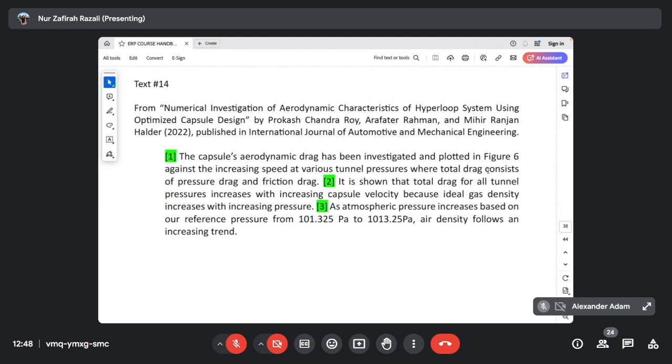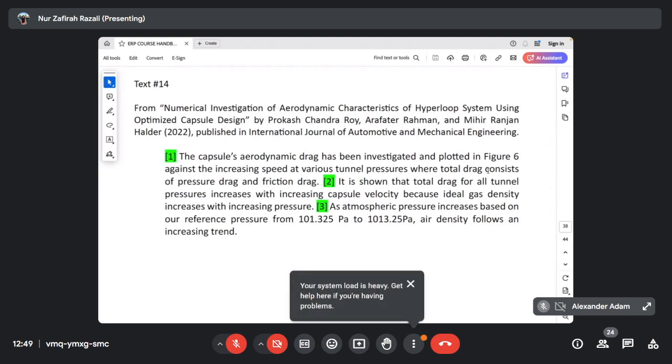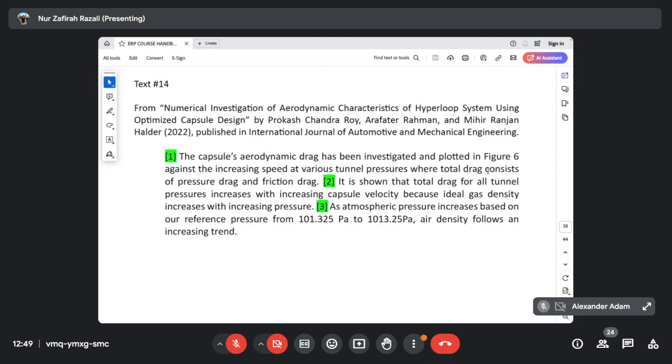Our reference pressure from 101.325 Pascal to 1013.25 Pascal, right? So the preposition is from, okay? All right, so far so good. Anything that you're not sure about related to nominal phrases? Any question? No questions so far?